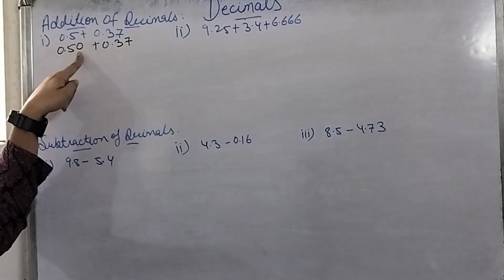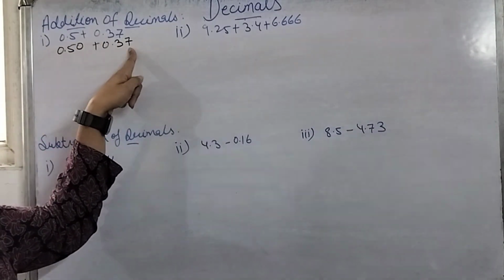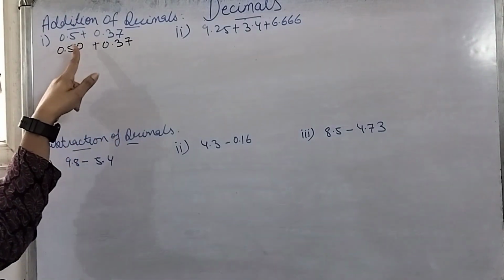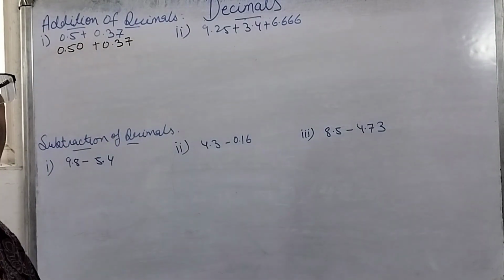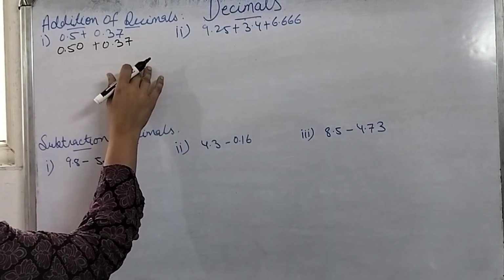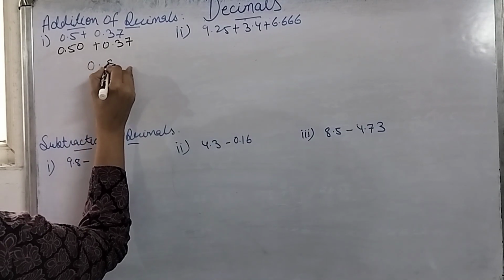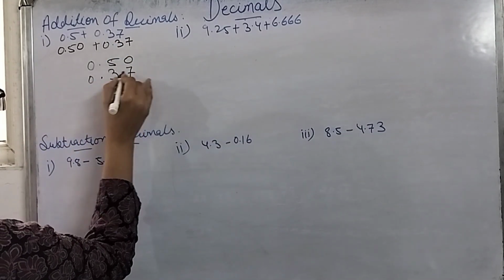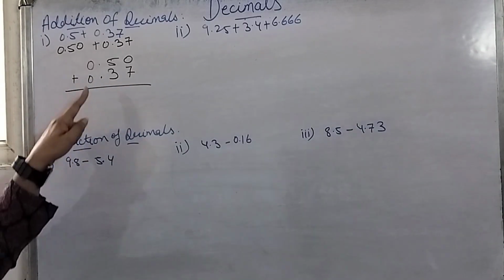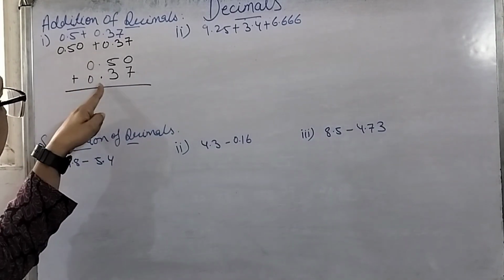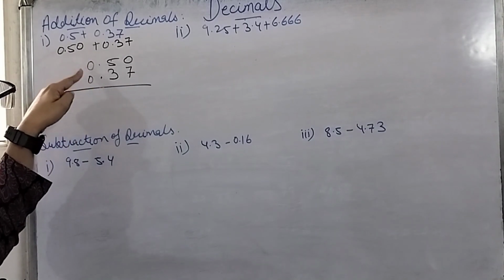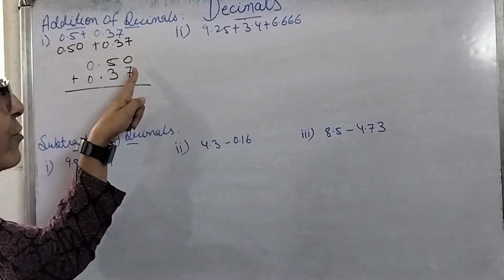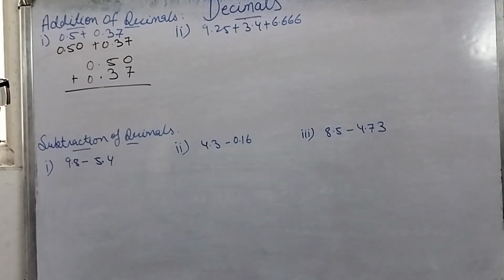This 0 is at the hundredths place, this 7 is also at the hundredths place. So this 0 and this 7 will be in a vertical line. So how will we arrange it? 0.50 and the other number is 0.37. So we have taken the decimal numbers in a vertical line, and all the digits with the same place value are one over the other.